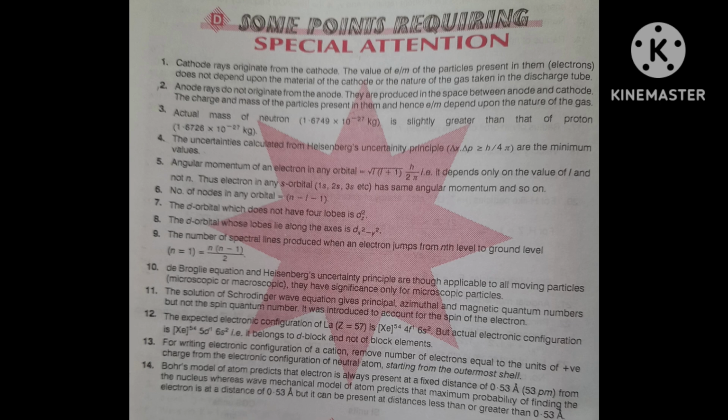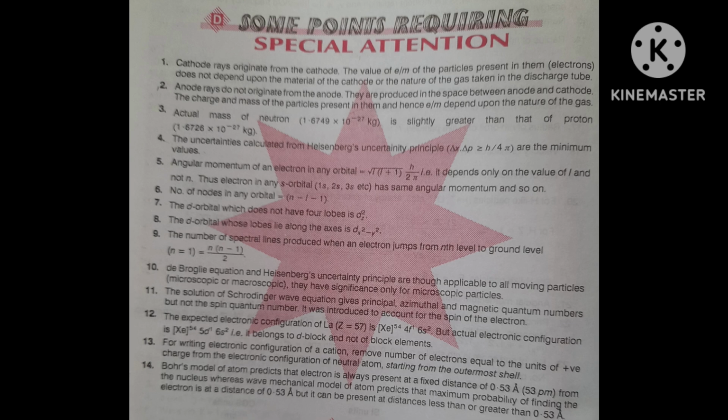Now, today's last point: Bohr's model of the atom predicts that the electron is always present at a fixed distance of 0.53 angstrom, or 53 picometer.